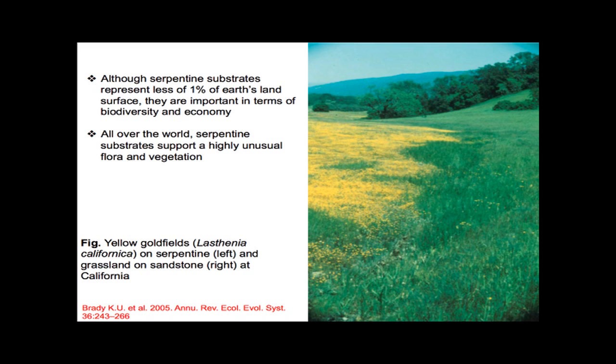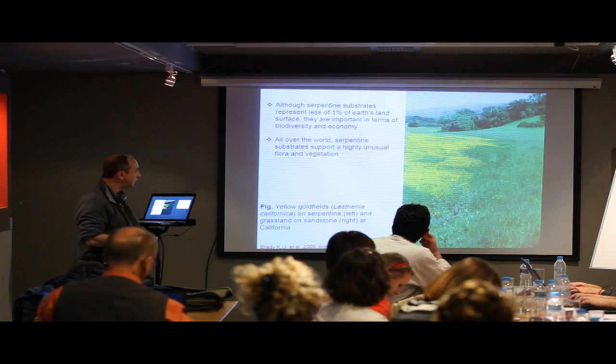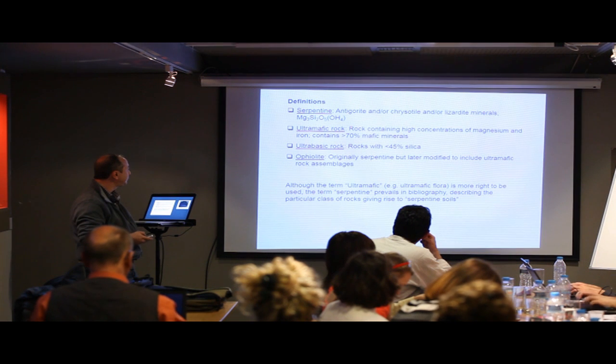The substrate becomes sandstone, and we can see that there is a very abrupt change of vegetation. For instance, there are almost no individuals of this species with the yellow flowers, which is Lasthenia californica. So in serpentine areas, we have very steep gradients of floristic differentiation and ecological differentiation.